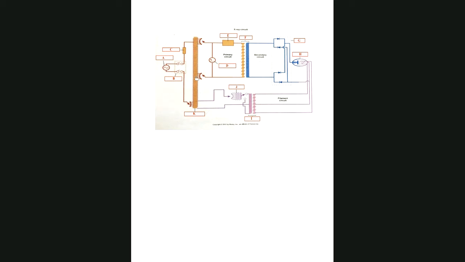Okay, so good. And what is that auto transformer, other than being the first thing that receives power? What is that auto transformer responsible for doing for the entire circuit? It provides the current, I don't know if it's the right word, to the filament circuit and high voltage.